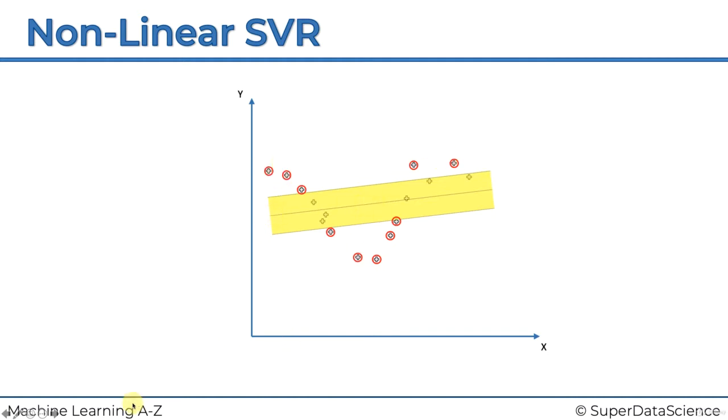Looks like something else is going on. You might try something like that, then that won't fit as well. It doesn't look like a linear model fits here, and it looks like something more complex is going on. So how do we build a support vector regression that will fit our data here?